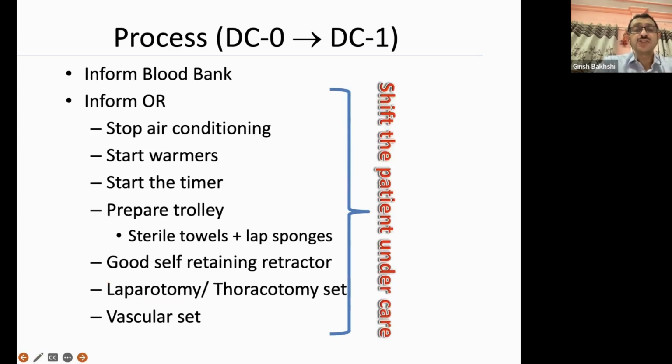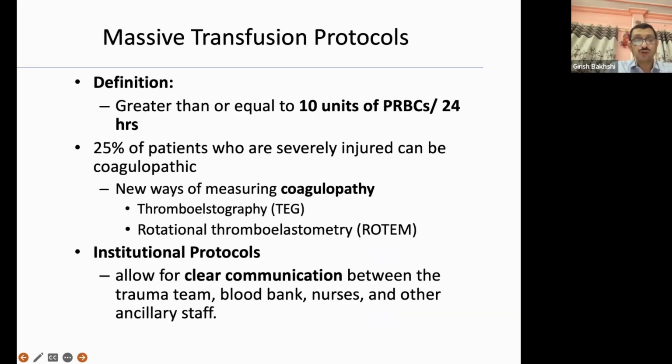So the surgeon who is on call knows that such a bleeding patient is coming. Immediately he informs the blood bank, he informs the OT, he stops air conditioning because you may have to start warmers and sterile towels. You will have to tell the OT to keep all the equipment for laparotomy, thoracotomy, and vascular set, and that is very important.